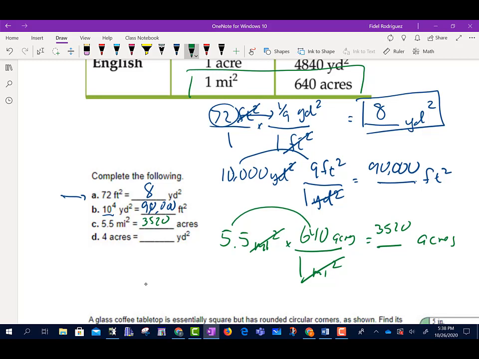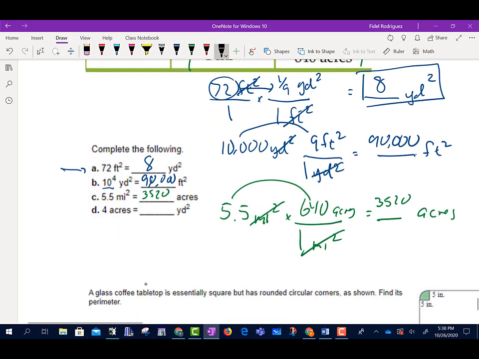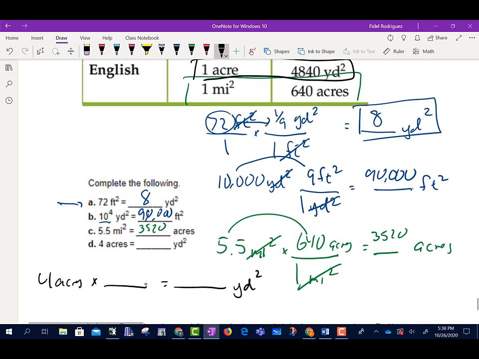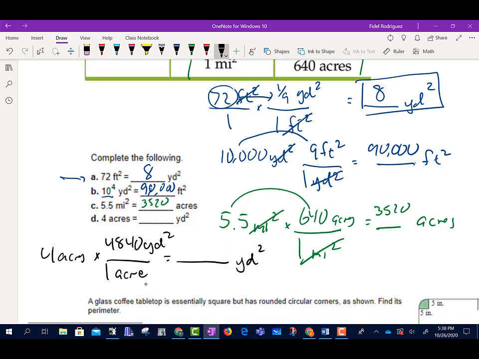And then, let's see, we want to go from acres to yards. So here's our conversion from acres into yards. Okay, so let's say 4 acres times something is going to give me my answer in yards squared. Okay, so 1 acre is the same thing as 4,840 square yards.